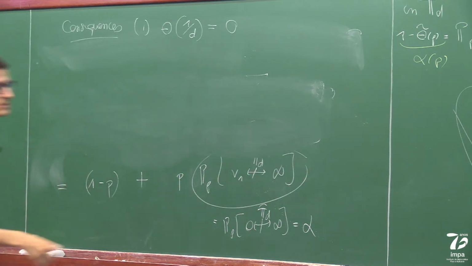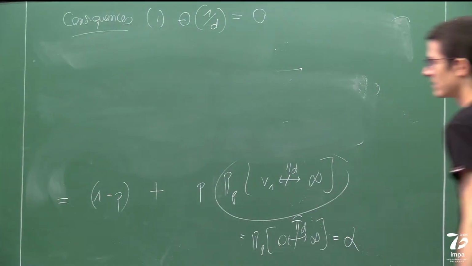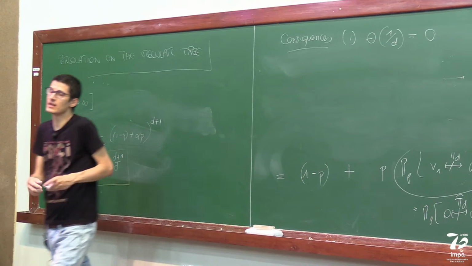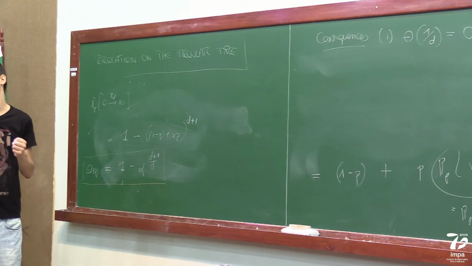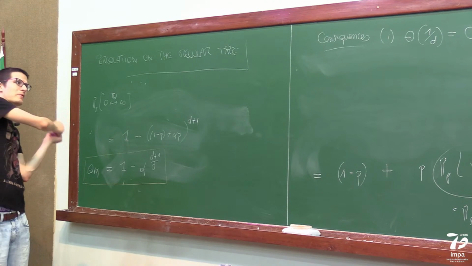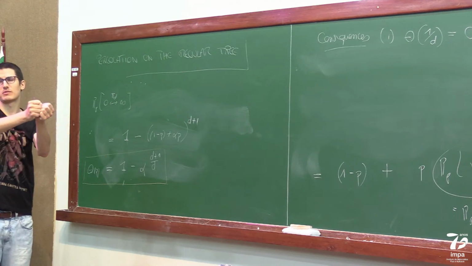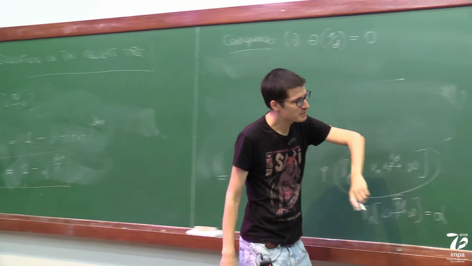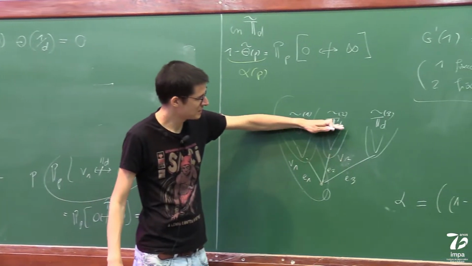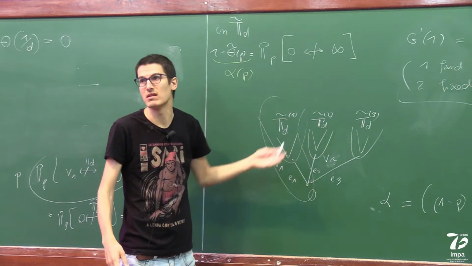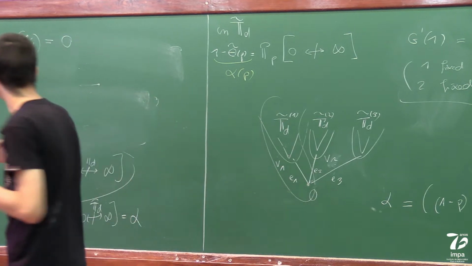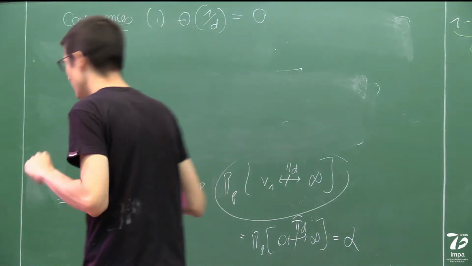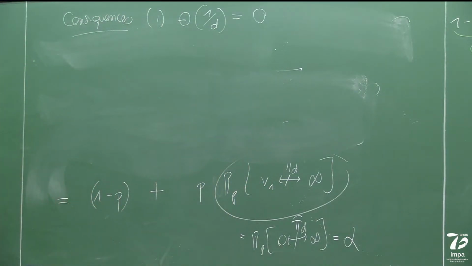If I have only one solution to this equation, which is 1, this means that theta is necessarily equal to 0. And this is not something we had directly with the first moment method. We could conclude when P was strictly smaller than 1 over D, or strictly larger than 1 over D. But if you remember, when P was equal to 1 over D, the expected number of connected vertices at height n was exactly 1, and it made it difficult.